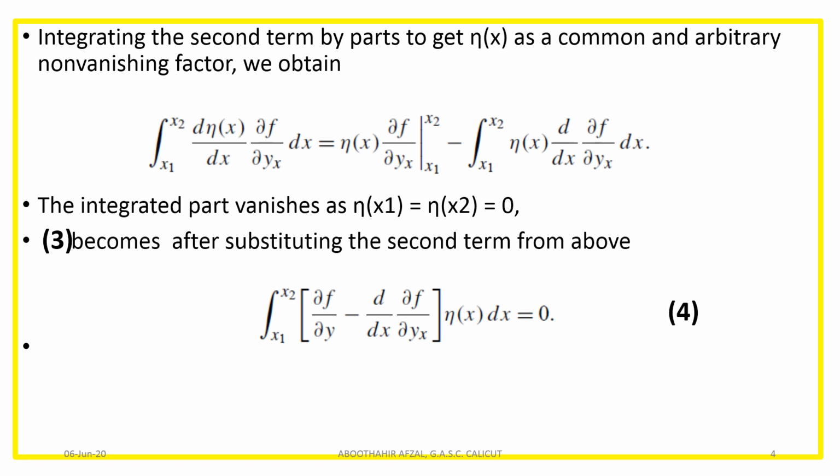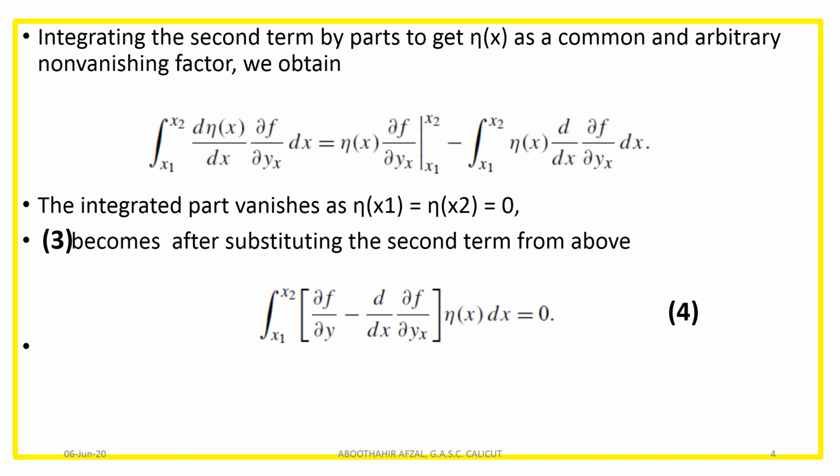We know integration by parts. The integral of two functions is the first function into the integral of the second, minus the integration of the differentiation of the first into the integral of the second. This was studied in higher secondary school maths classes.